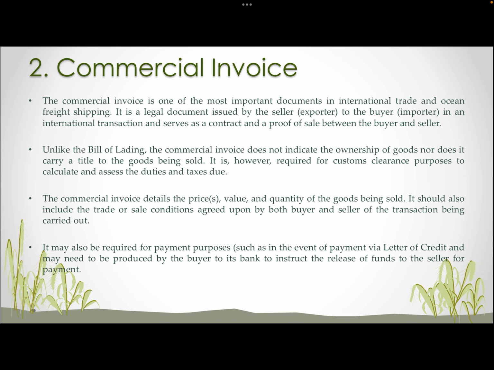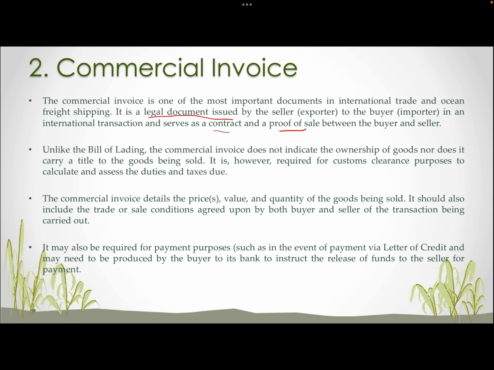Okay, one of the most important documents in international trade and ocean freight shipping. So, commercial invoice is a legal document issued by the seller, which is an exporter, to the buyer in an international transaction and serves as a contract and proof of sale between the buyer and seller.